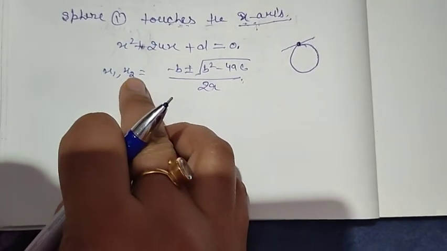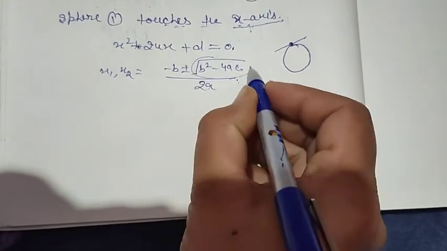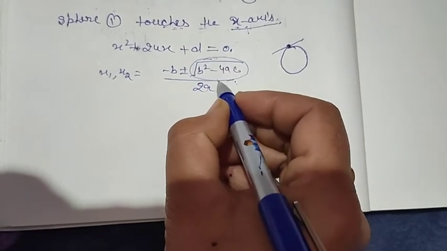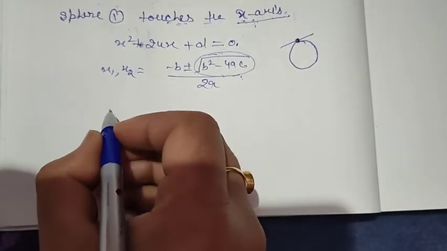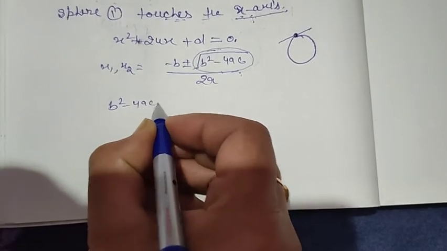When both values are the same, the discriminant b square minus 4ac is equal to 0.